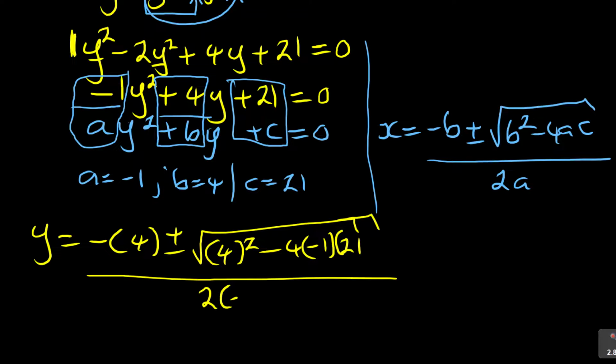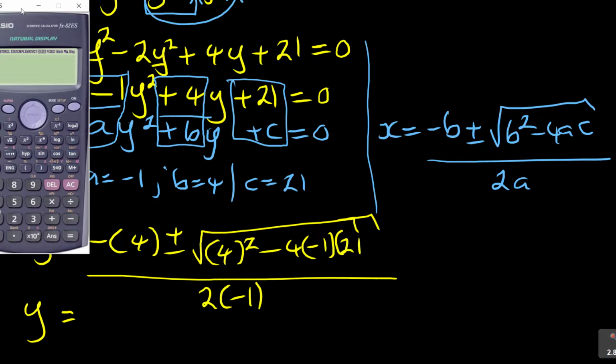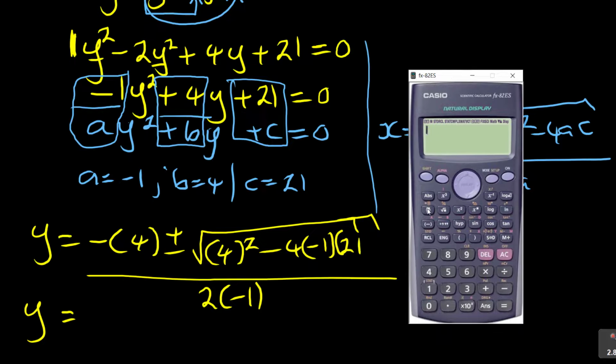I prefer this because I don't need to stress. Just use the formula. Bracket minus bracket 4 plus square root of 4 squared minus 4. My a is negative 1. My c is 21. I was supposed to close that bracket, but it's fine.